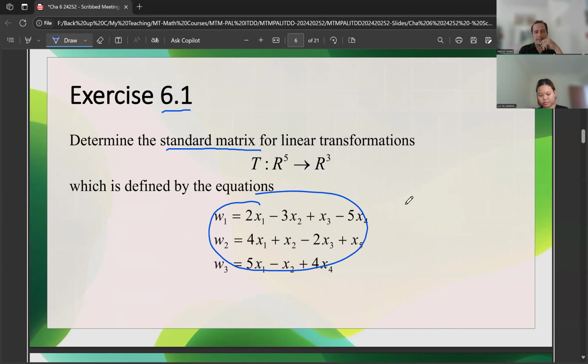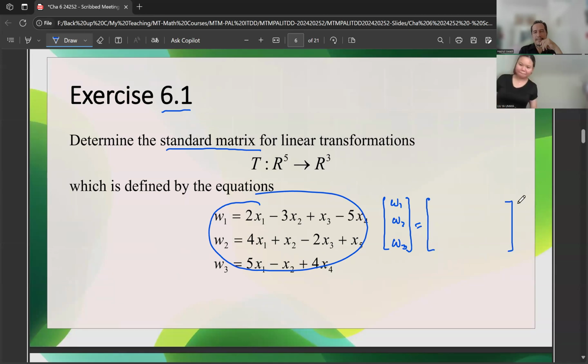We can write as follows: w1, w2, w3, and then w4, we have the matrix with x1, x2, x3, x4, and x5.